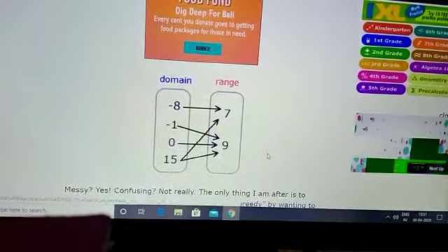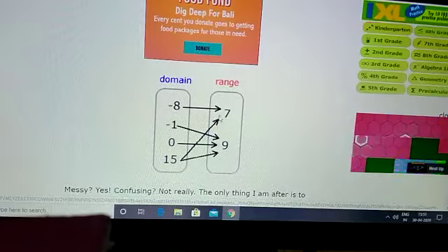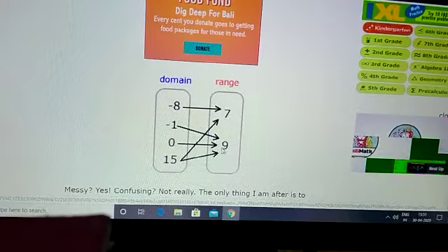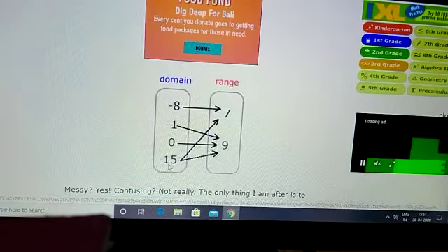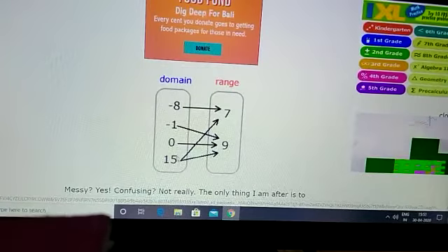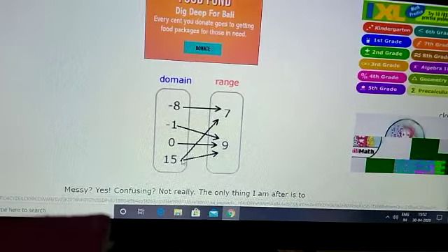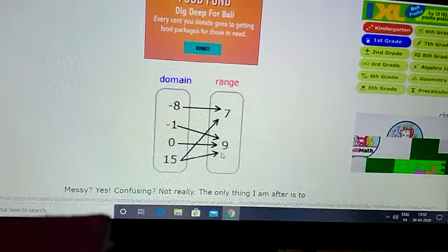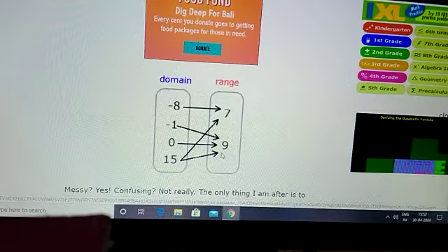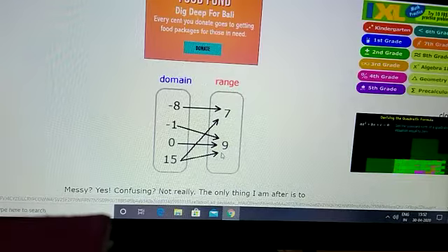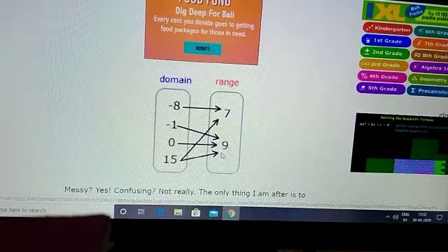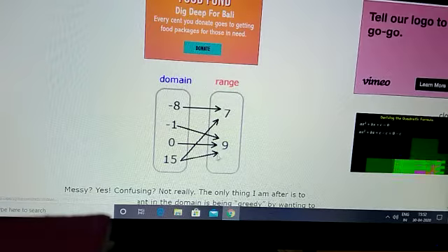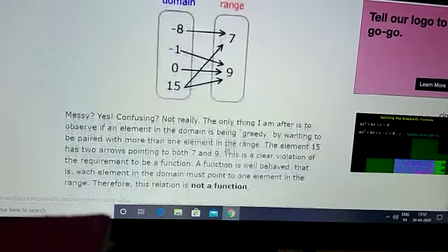Now we have another example: -8 to 7, -1 to 9, 0 to 1, 15 to 7 and 15 to 9. Look at the 15: 15 has a relation with 7 and 15 has a relation with 9. Is it a function or not? Yes, it is not a function. Why?